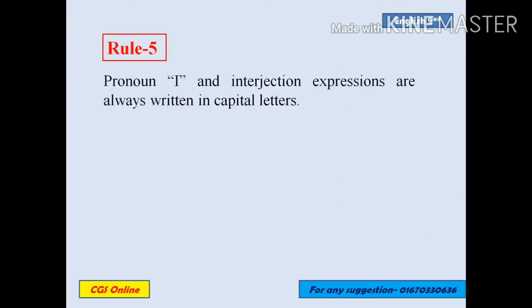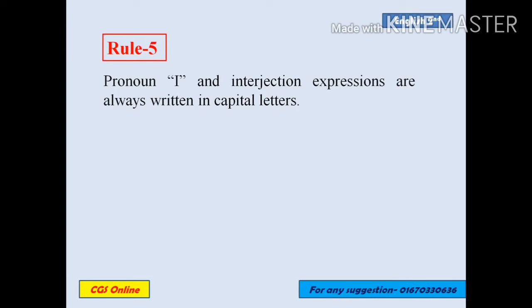This is one of the most commonly used rules of capitalization, and in most cases students are found to be writing it in a wrong way, so you have to be very careful about it.